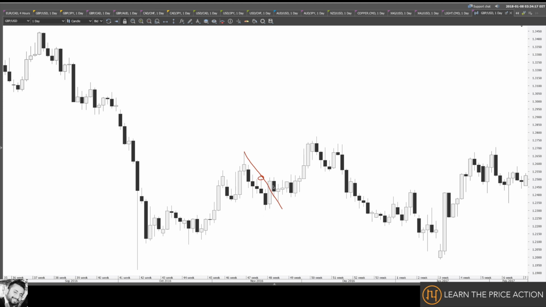Even if you don't want to use that as a trend line, you can actually draw this line right here. And then notice this high, just after this breach you have this inside bar.